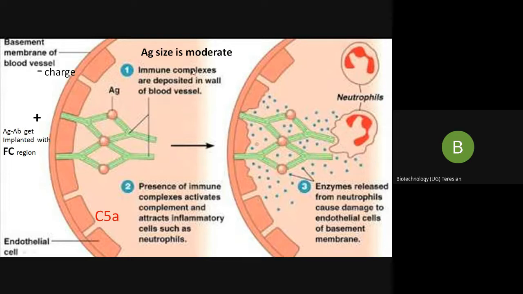So this is what happens. I have taken the example of blood vessels, and I have shown here that the blood vessels are negatively charged, so easily they get attracted. Who gets attracted? The positively charged antibody which is bound to the antigens gets attached or implanted to the blood vessels, and they attract the complement proteins, which activates phagocytosis, which can affect our endothelial cells.